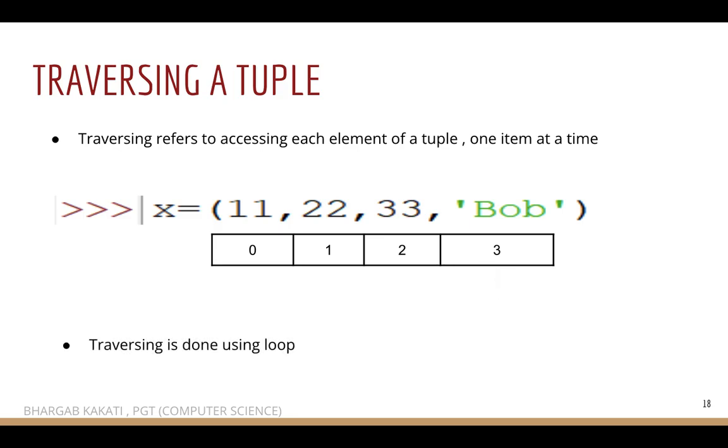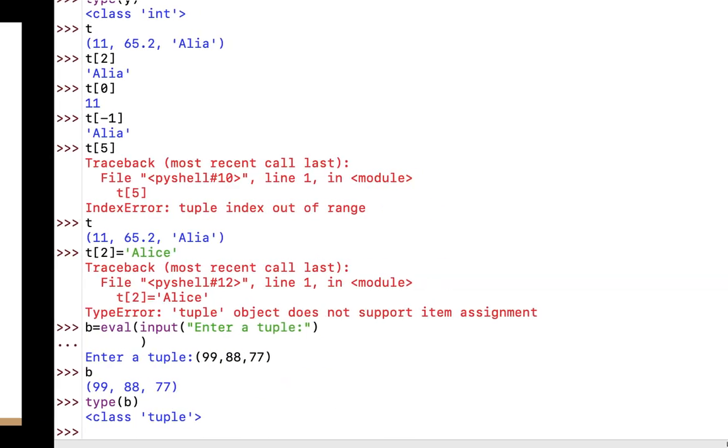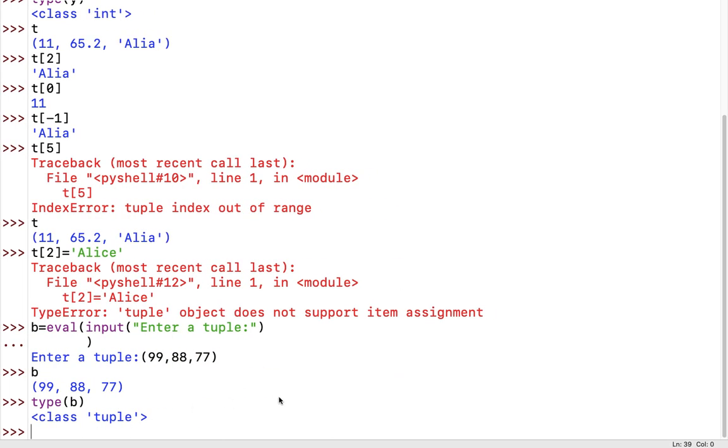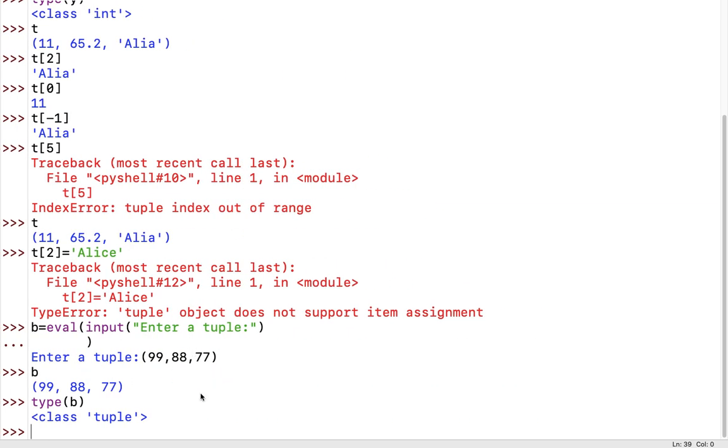Accessing each and every item of a tuple is a kind of repetitive job, and for repetitive jobs we require iterative statements, that is loops. So traversing is done using a loop. Now we are going to practically see a program to traverse a tuple. Alright, so let's do it. Whenever the word program is there, that means I need to open the script mode.